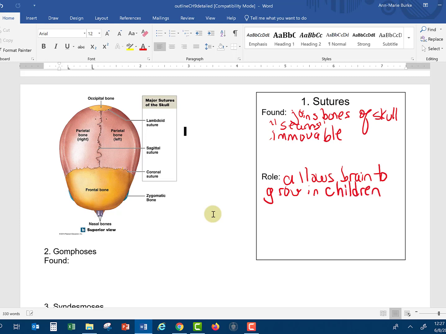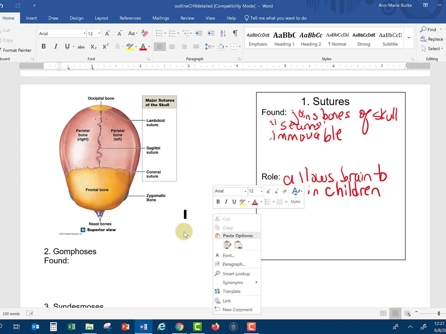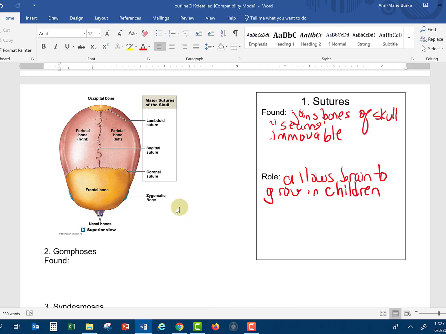Now keep in mind that these seams are made of fibrous connective tissue, and in children they are wider apart. So the sutures are not as close together, and in certain places they are fairly wide apart. For example, right about here, this suture is about that wide, and also on the sides.